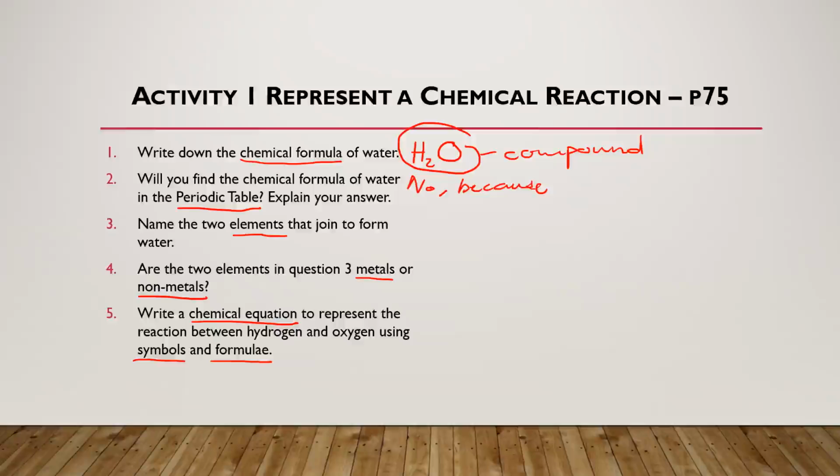So we can say because H2O is a compound, and the periodic table, which is PT, I'm just going to label that PT because I'm not going to write it all out, only contains elements.